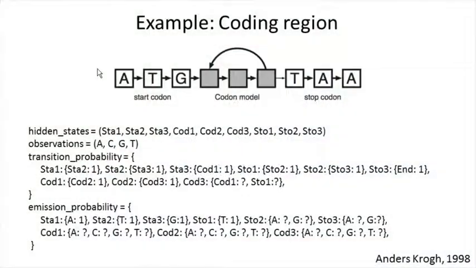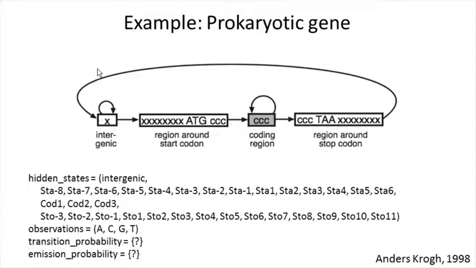We also get the emission probability based on the different base pair composition at the first, second, and third position of a codon, and also on the start and stop codon. So now this is a simplified coding region hidden Markov model.